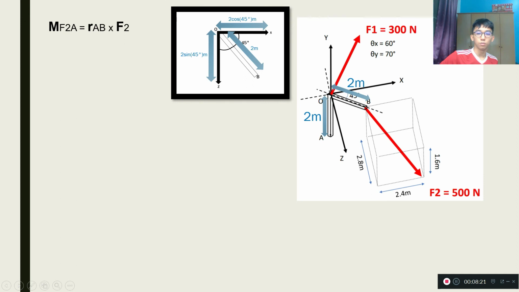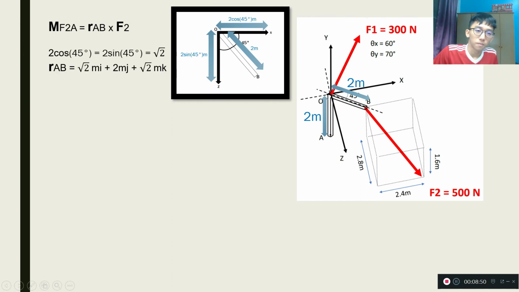And then if we move from A to B, it means that we move from A to O and O to B. From O to B, our component i is positive, and our component k is positive also. Actually, 2 cos 45 degrees is equal to 2 sin 45 degrees, which is equal to root 2.